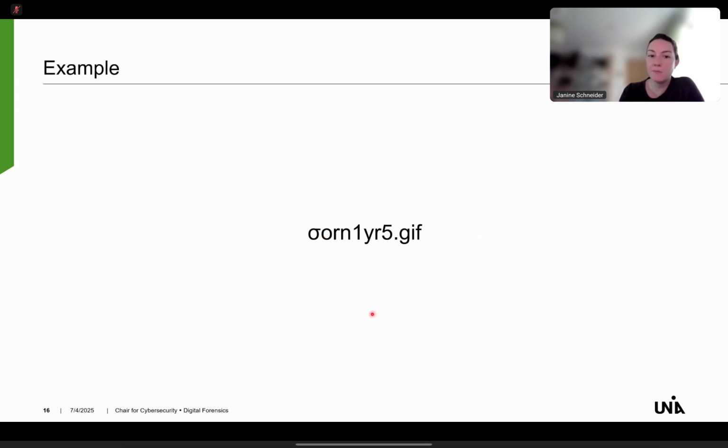So let's say we have this picture, it shows a naked toddler, for example, and the first character is deleted, then it could be the case that the file name was porn, which gives the naked toddler image a very problematic nature.